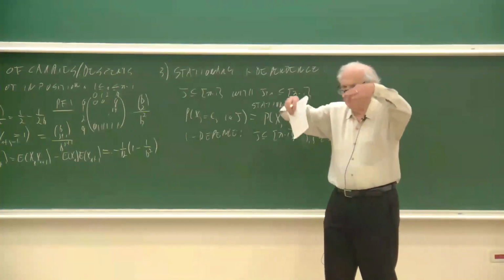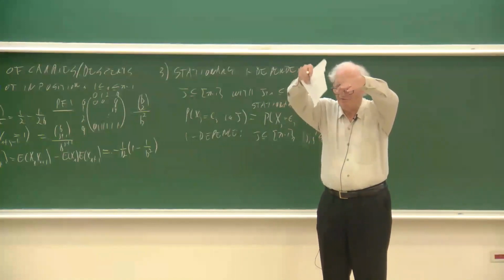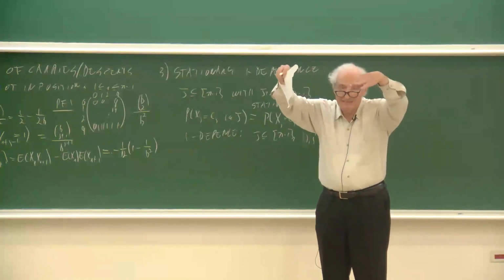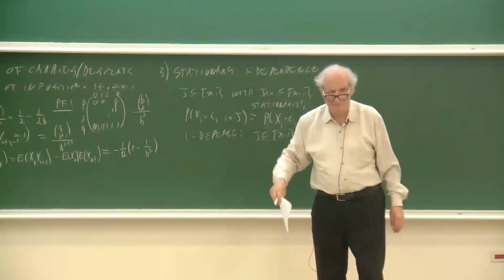So, maybe J is 1, 3, 17, right? It's a set where there are no two consecutive elements.